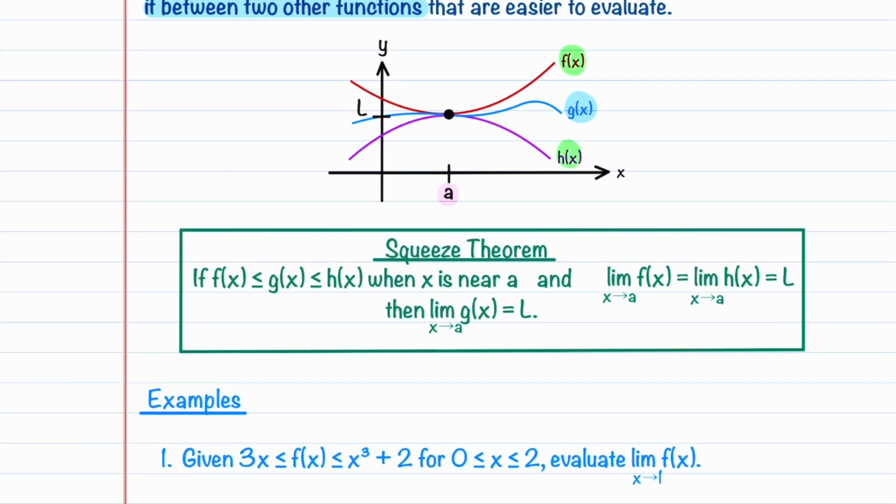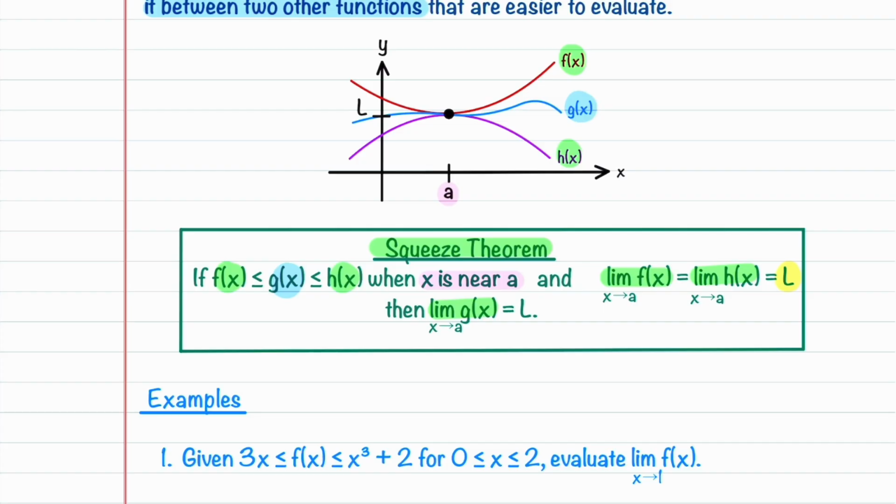The squeeze theorem tells us that if we have a function g of x and it lies between f of x and h of x, when x is near a, and the limit of f of x as x approaches a equals the limit of h of x as x approaches a, and these are both equal to L, then the limit of g of x as x approaches a is also equal to L.